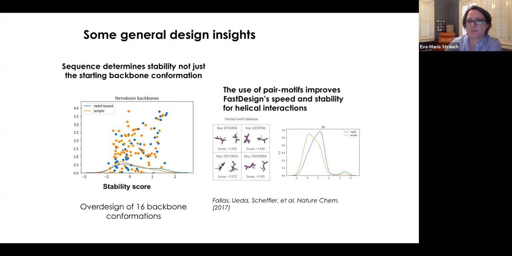This is simple because we also discovered that you can use something that's been first described as a hash pair motif database by Jorge Fallas and George Rueda. The idea that you can extract pairs and use them for building interfaces for oligomers turns out pretty nice for designing course as well.